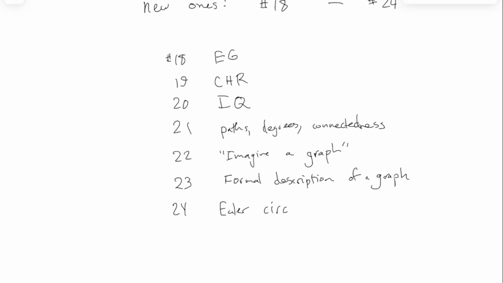So Euler circuit and path, do they exist? They're kind of two separate questions, as I mentioned last time. There is the question of does it exist or not, and also the question of how do you actually draw it, or how do you find the Euler circuit if you know it exists. That's a separate issue. As for number 24, it's just about do they exist or not. And we're going to talk more about this today.